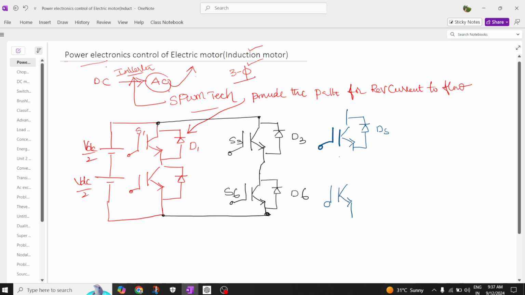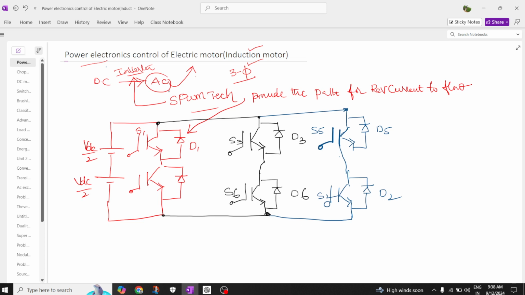I'm labeling this as D5, and here I'm going to label this as D2, and we have a connection between these two, and we join both ends. Now this switch I'm going to label similarly as S5 as well as S2. Very simple. Switch 1, switch 2, sequence 1, 2, 3, 4. This is D4, this is S4. 1, 2, 3, 4 is nothing but diagonal.